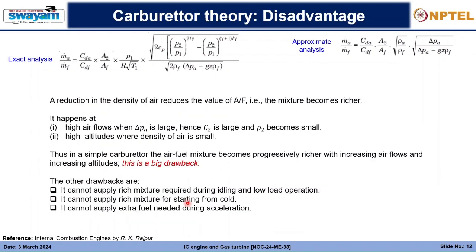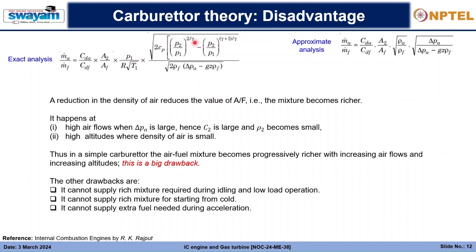Okay, before solving that, there are certain notes, like what is the disadvantage of this carburetor theory. There are certain drawbacks. A reduction in the density of air reduces the value of AF, that is, the mixture becomes richer. Why? If you see the reduction of density of air, where is the density coming inside?